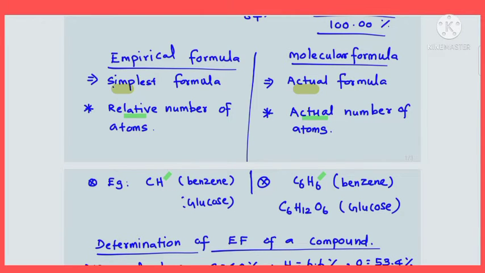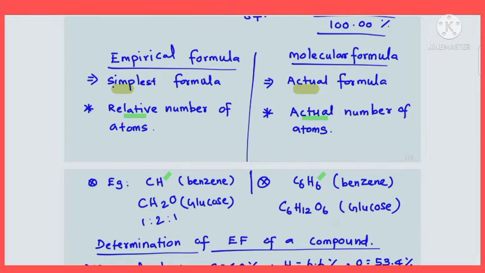So this is merely giving the ratio between the atoms. Carbon, hydrogen and oxygen are in a ratio of 1:2:1. That is what it gives, a relative number of atoms.